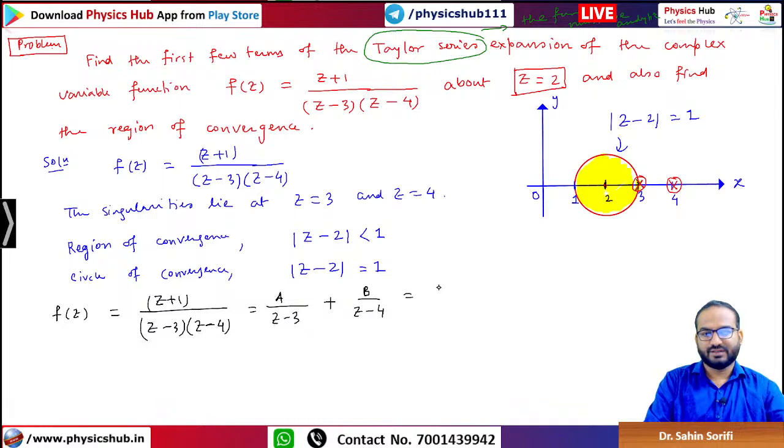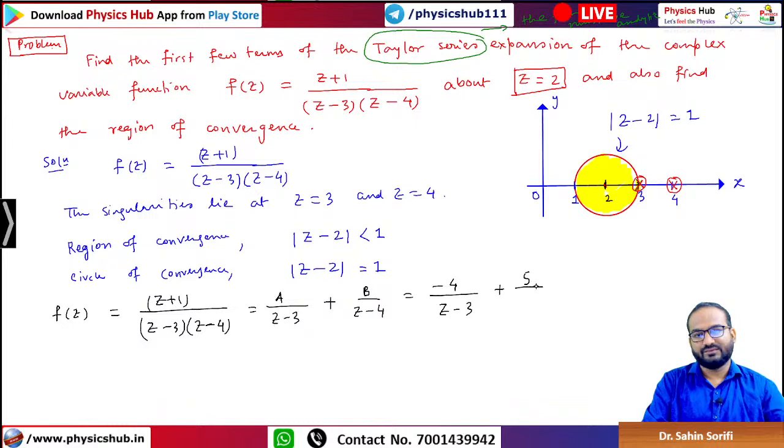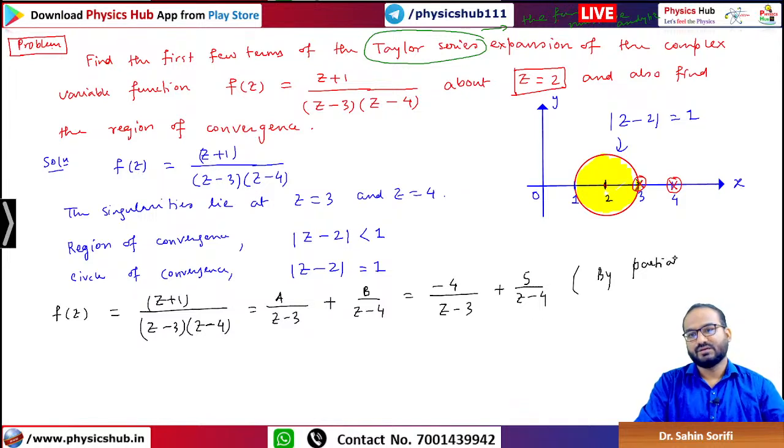The value of a will come minus 4 by z minus 3, and the value of b will come 5 by z minus 4. So this one we have calculated by the partial fraction method. Okay, so this is a very standard problem.